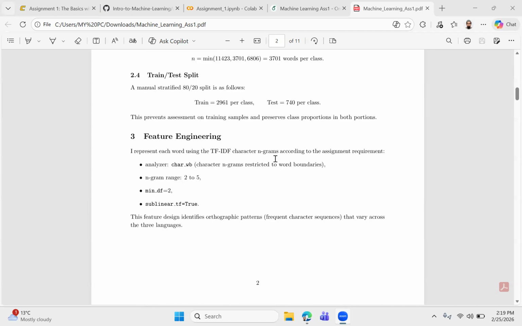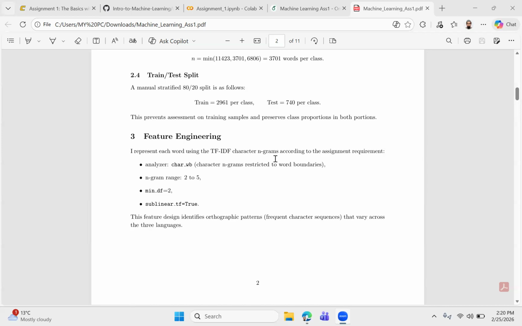In feature engineering, words are short, so character patterns are the best signal. TF-IDF character n-grams capture sequences like ICH, TION, EAU, etc. For the analyzer, I use char_wb, n-gram range 2 to 5, min_df 2, and sublinear_tf true.